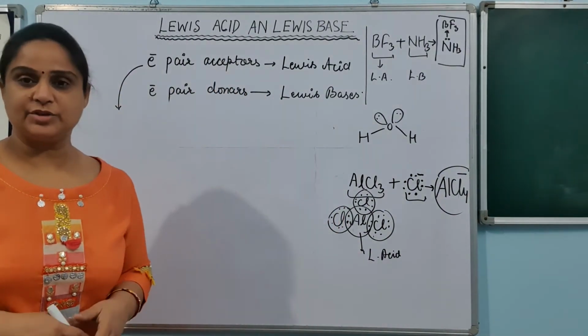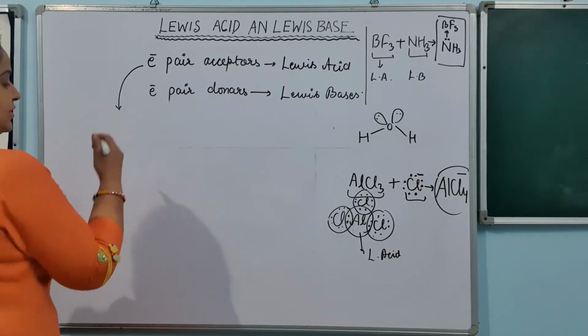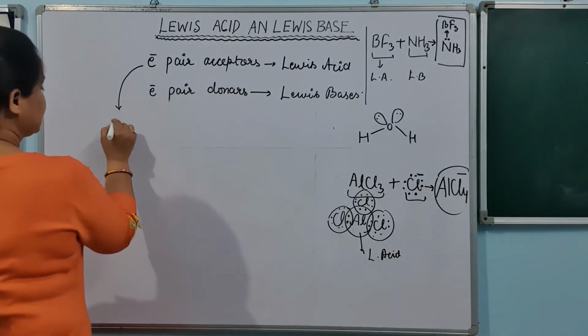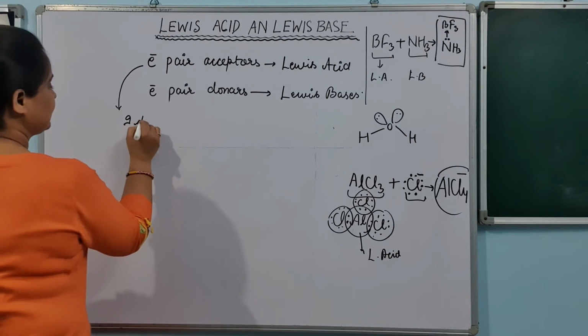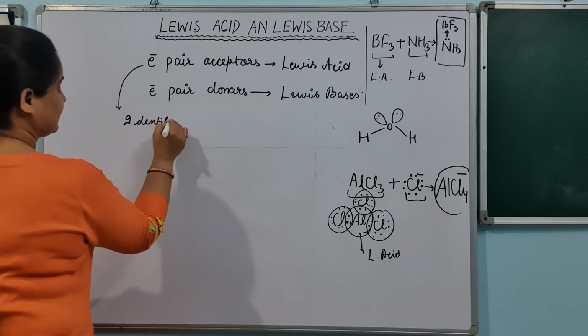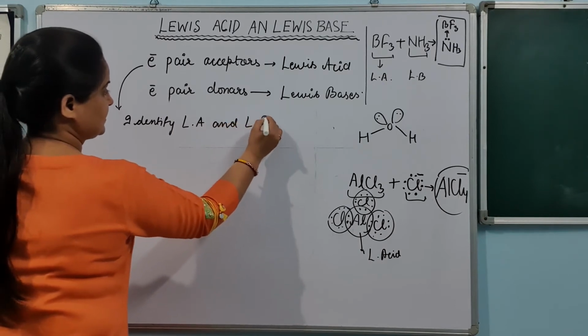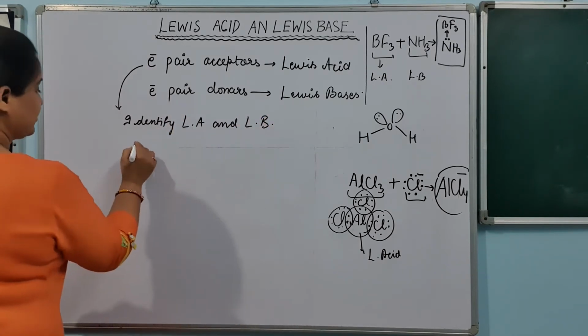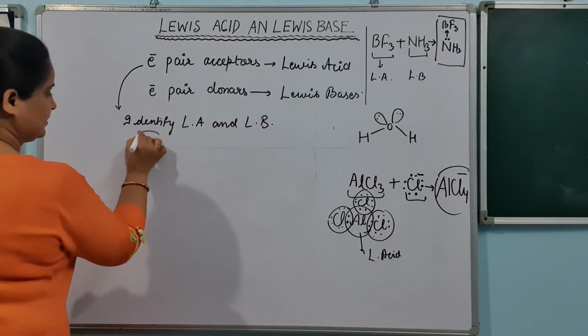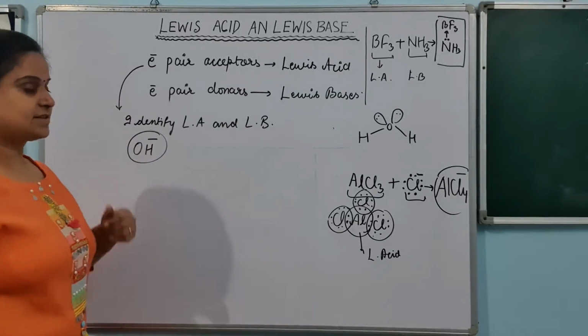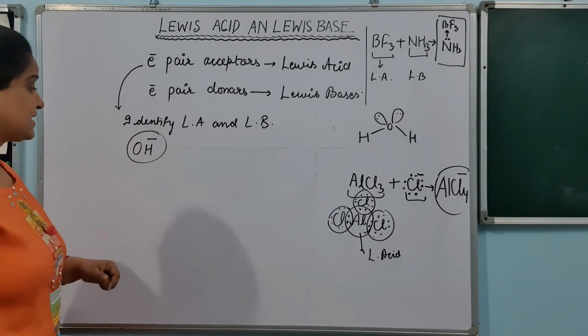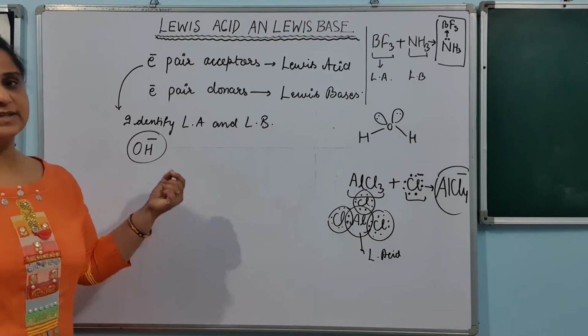Now let me take one question from NCERT so that you can better understand it. The question is, identify the Lewis acid and Lewis base. I am giving you an example here. We have to identify whether this is a Lewis acid or a Lewis base. So the first thing is that it is negatively charged.